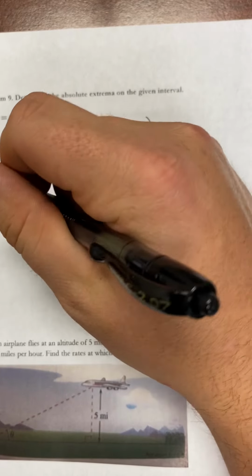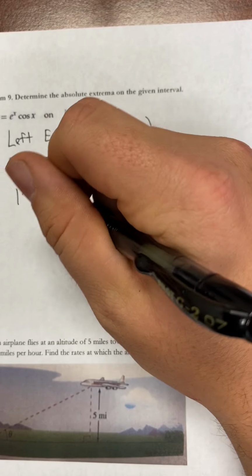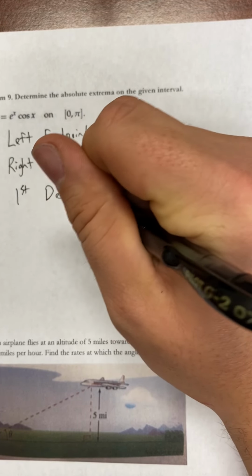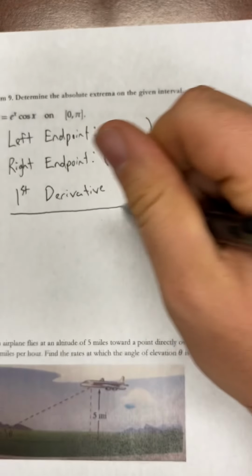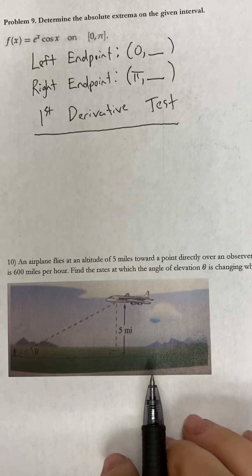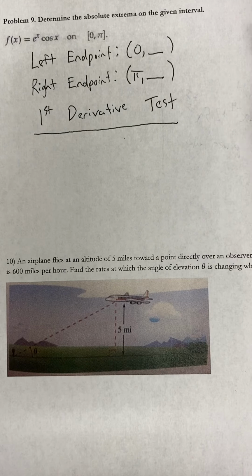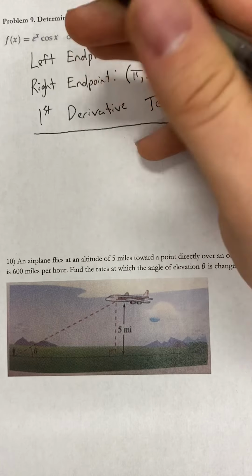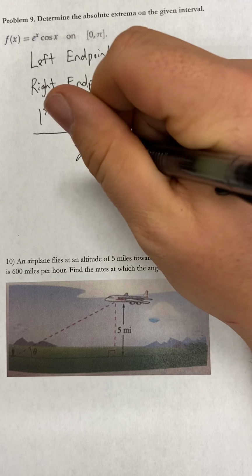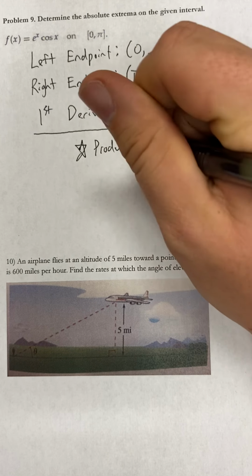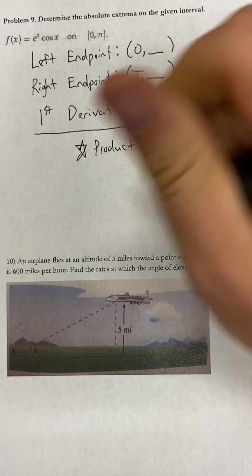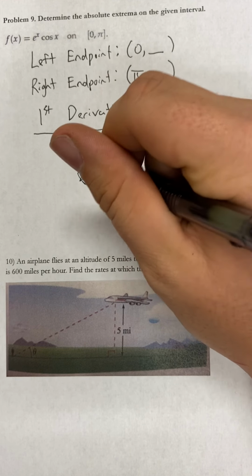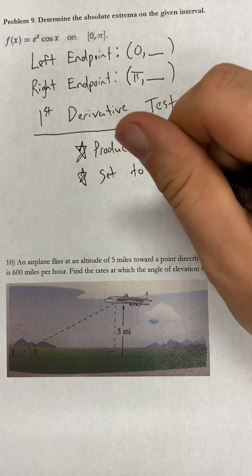And then from there, you need to do your first derivative test. So your first derivative test is going to be computing the derivative of that. So you will need to run your product rule, and then set it to 0 and solve.